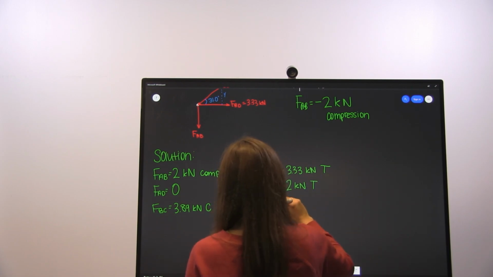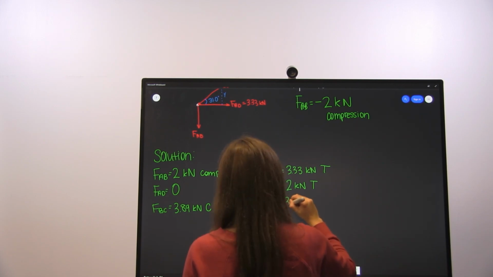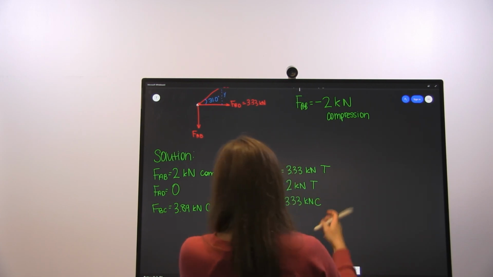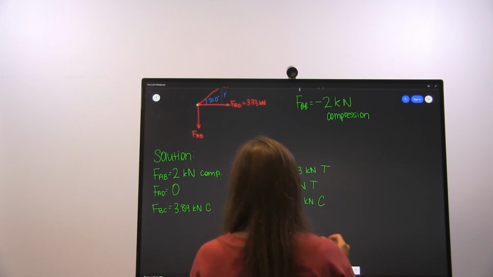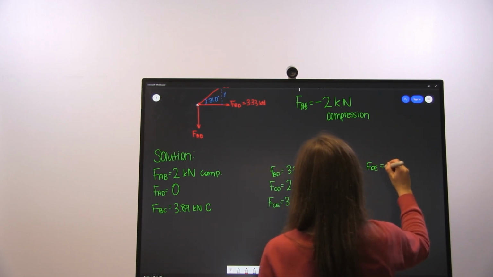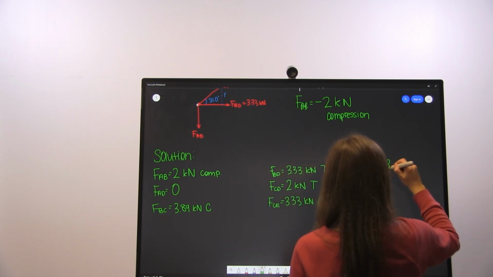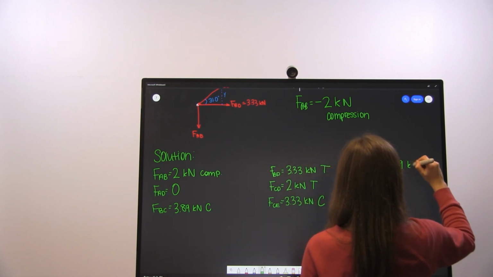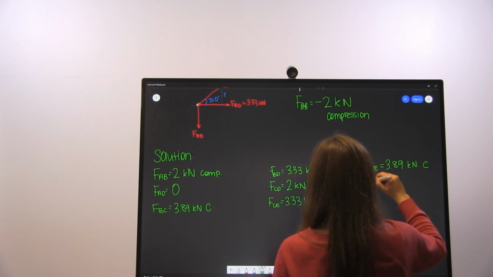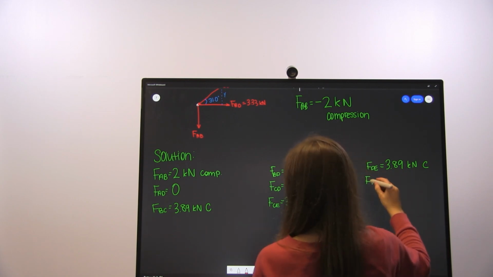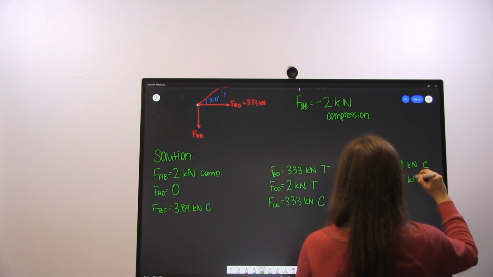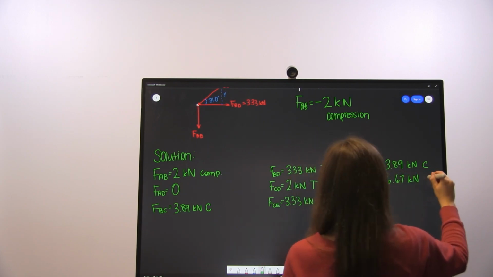Force CE was equal to 3.33 kilonewtons compression. Force DE was equal to 3.89 kilonewtons compression. Force DF was equal to 6.67 kilonewtons tension.